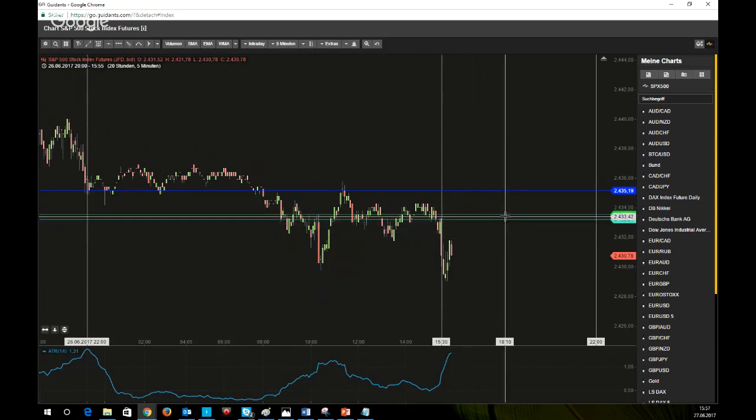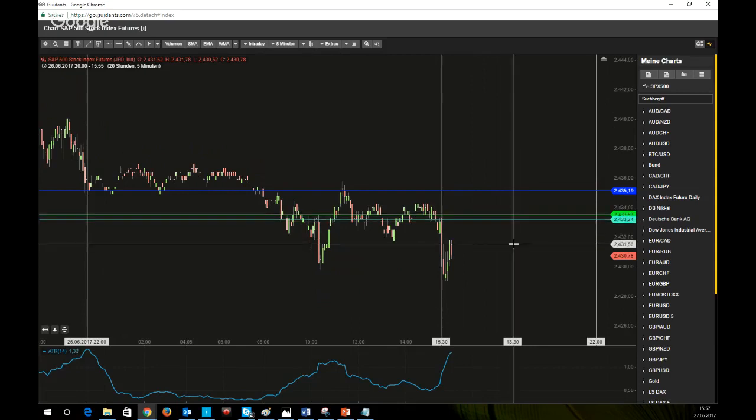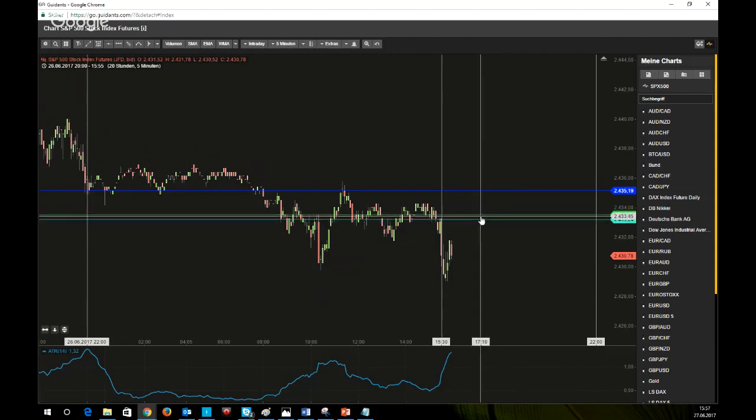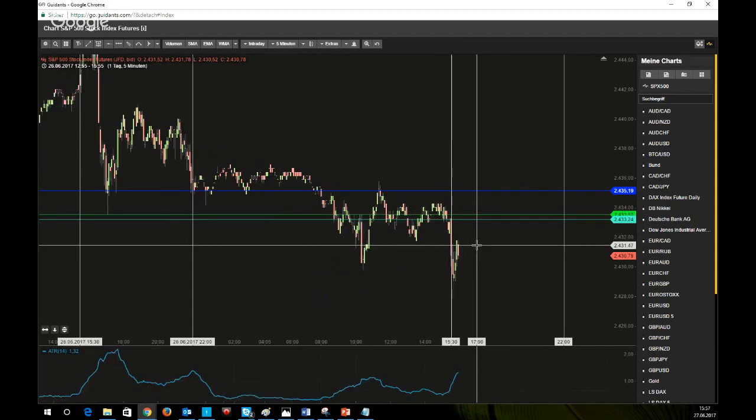This is the turquoise line, respectively the green line, the lows from yesterday. So a potential area for short engagements lies somewhere between 2,433 and 2,434 points.